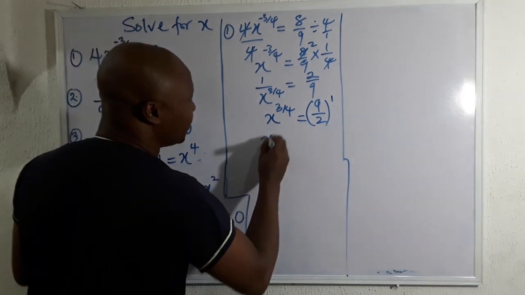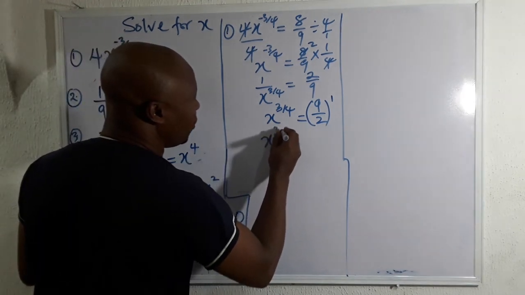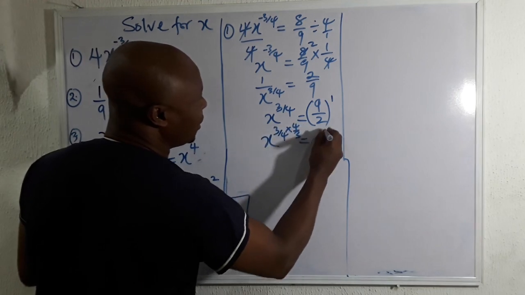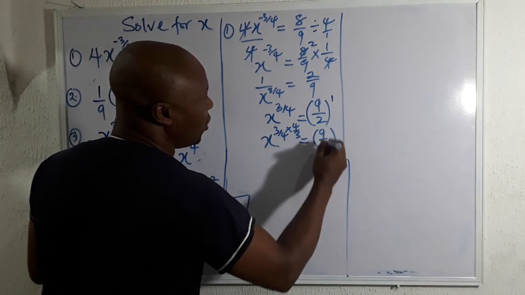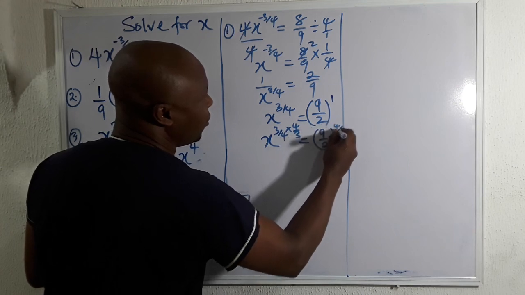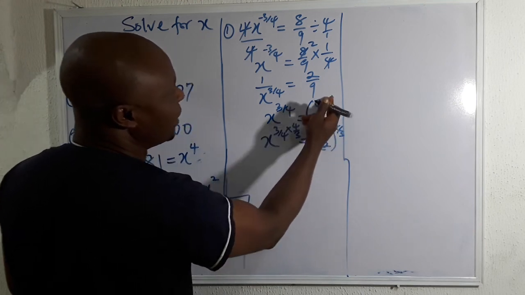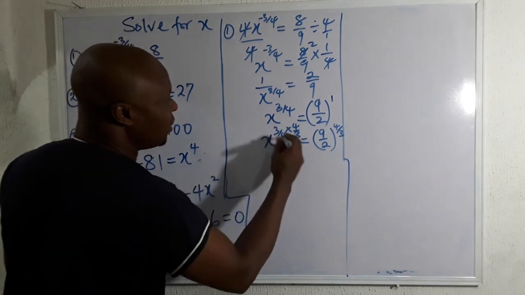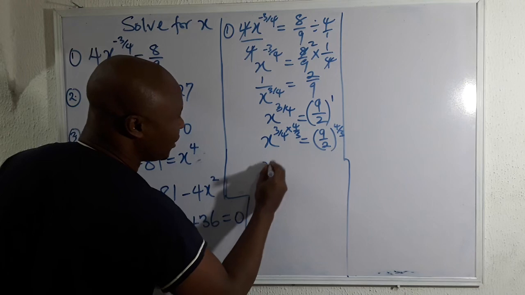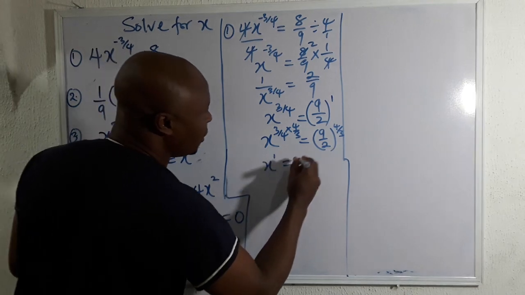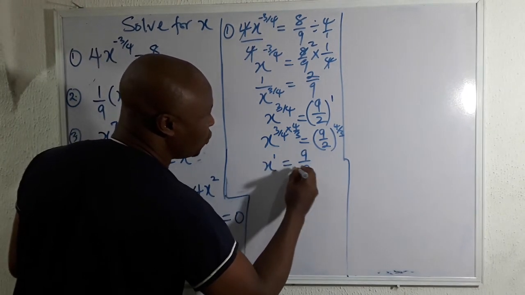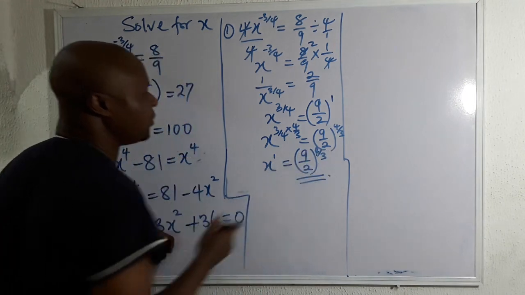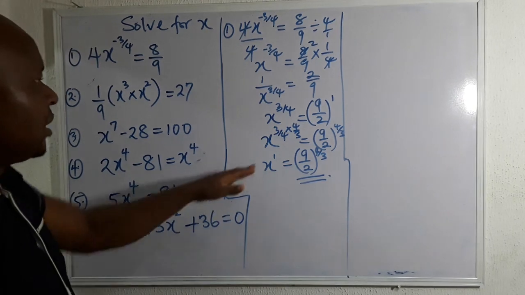So we have 3 over 4 times 4 over 3 is equal to 9 over 2 all raised to power 4 over 3. Everything multiplied on the left gives us 1, so x raised to power 1 is equal to 9 over 2 all raised to power 4 over 3. That's what we get from question number 1.